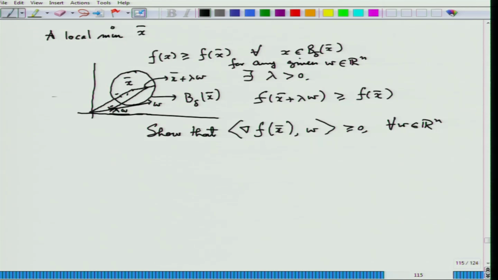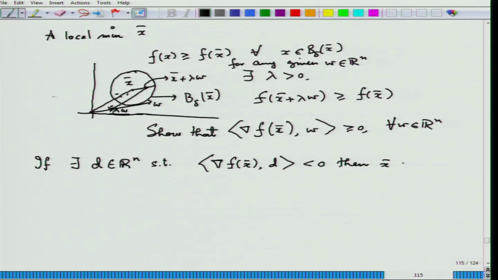What does it mean? If x bar is a local minima, then this is happening. Now, if there exists a d in R n, it is better to write d because we are talking about direction, such that grad f of x bar times d is strictly less than 0, then x bar is not a local minimum.